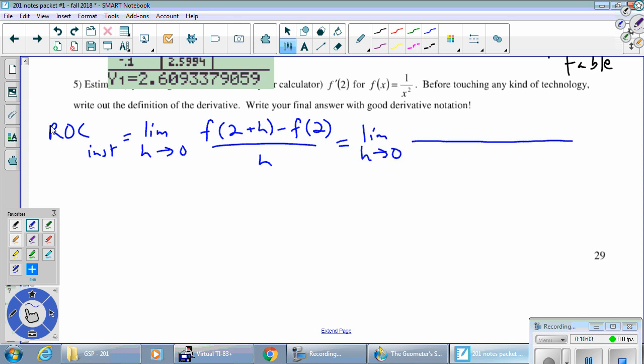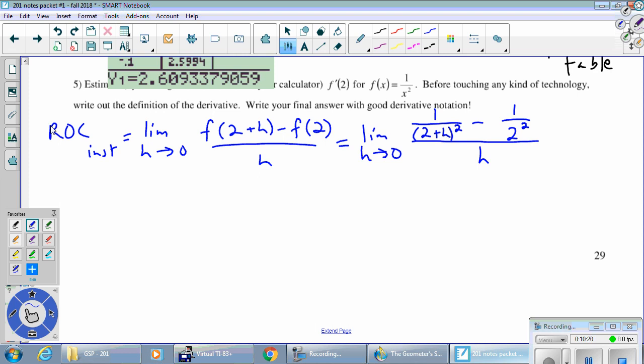Okay, now we're doing f of 2 plus h. So this is the function 1 over x squared, but instead of x, we have a 2 plus h. It now needs parentheses, and it is getting squared. Minus, and now f of 2, that's just 1 over 2 squared, and then the whole thing is divided by h.